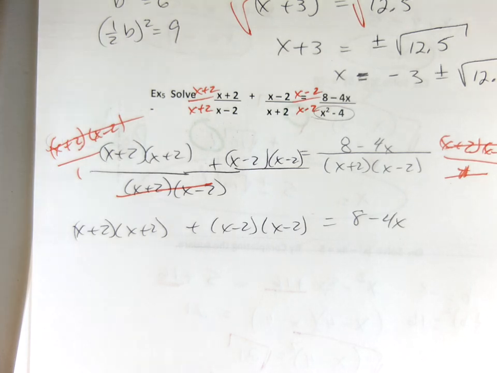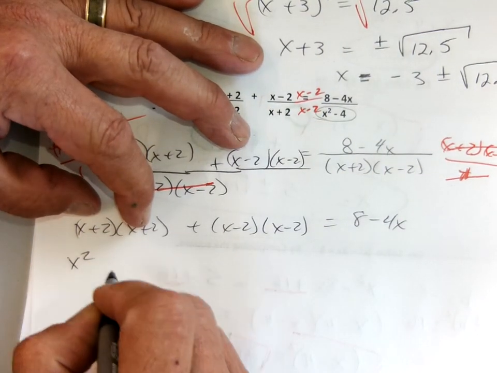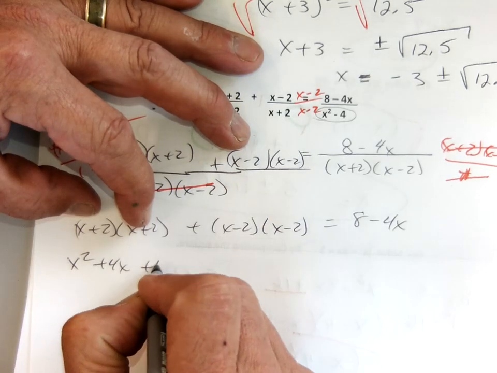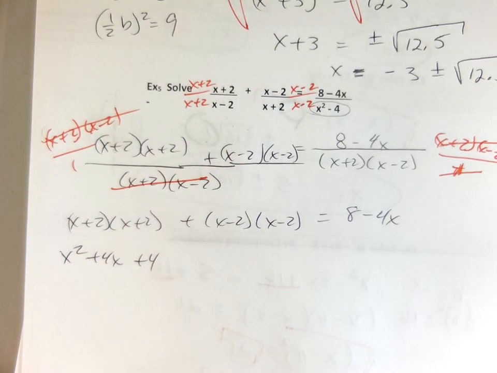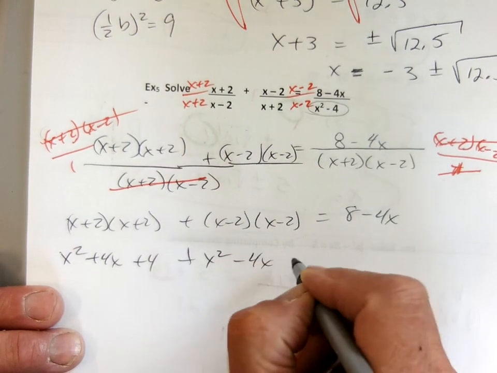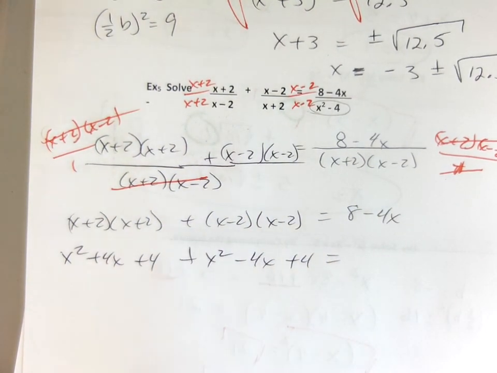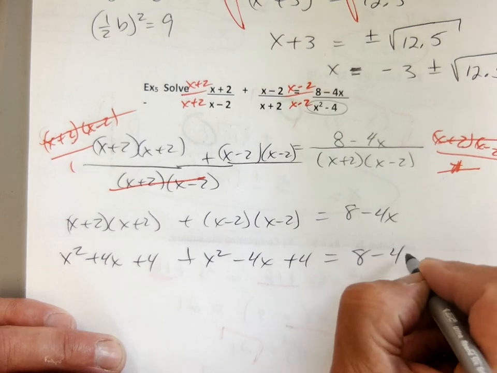Okay, so then, now let's be smart. You ready? Watch. I know you're smart. x squared plus 4x plus 4. Can you FOIL in your head? Of course you can. Plus x squared minus 4x plus 4. Can you FOIL in your head? Of course you can. You're smart, right? Equals 8 minus 4x, right?